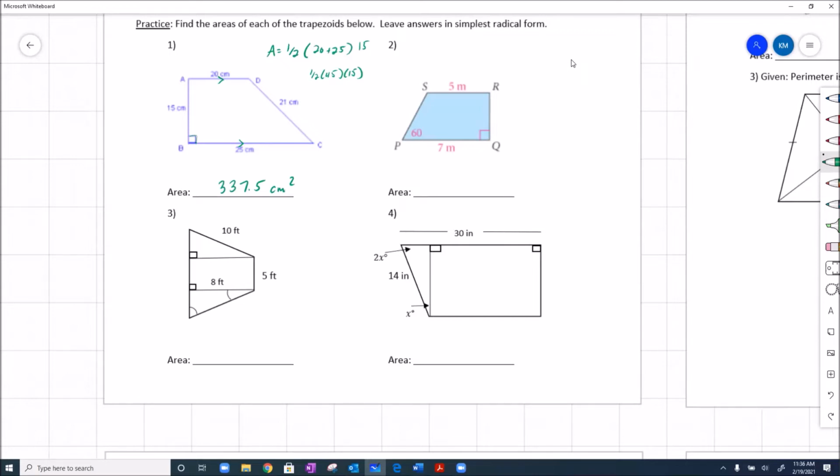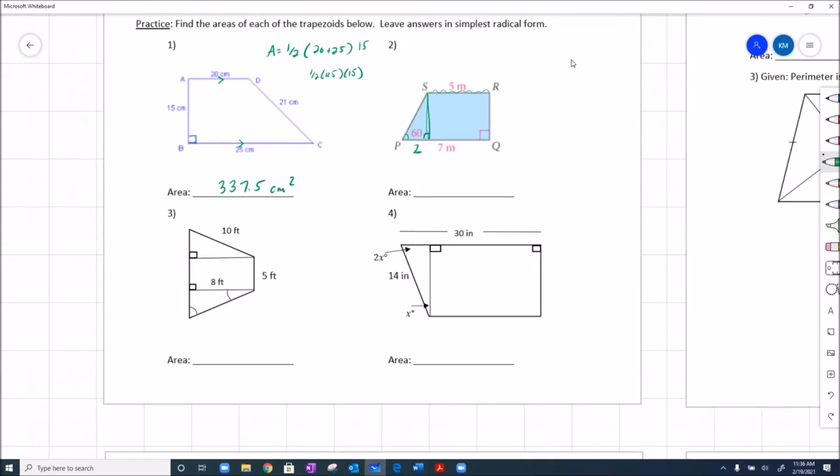Okay, number 2. You'll notice that we are not given the height initially, but they did give us that angle P is 60 degrees. So using our special right triangle knowledge and a little bit of basic geometry, if this is 5, this is perpendicular, so this must be 5.